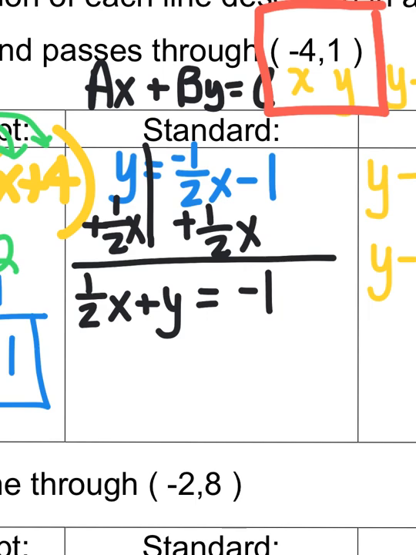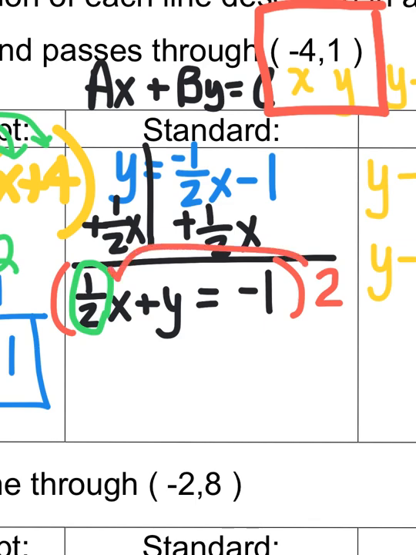I did this a little backwards, a little differently than we've done in the past, because there's one thing that I did not do that I should have done. What was it? Well, we have a fraction as our coefficient. That's a no-no. So you could have begun by multiplying each term by the LCD, the least common denominator, which is 2. So let me go back and do that now.